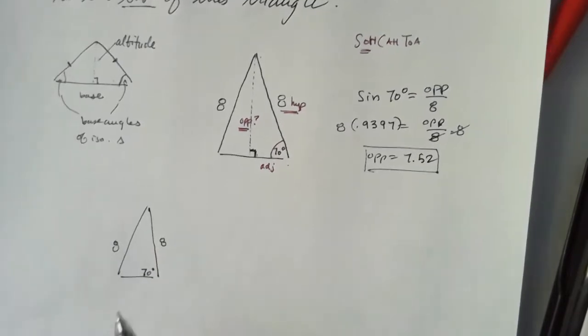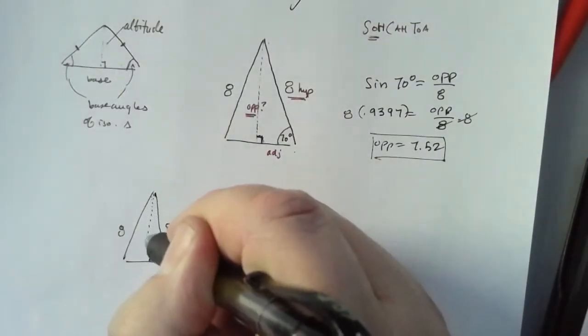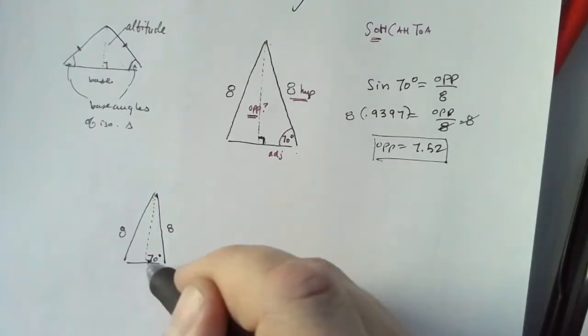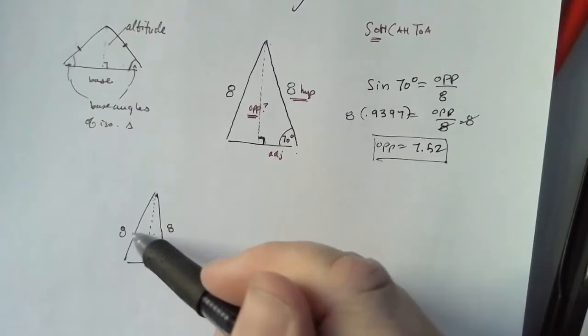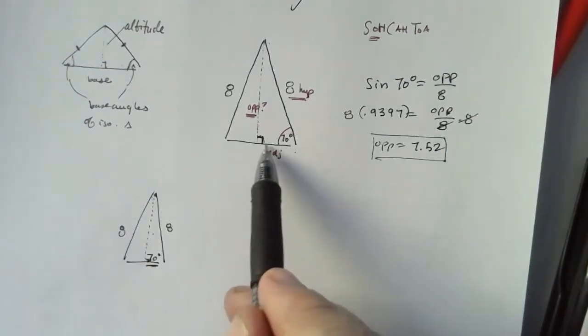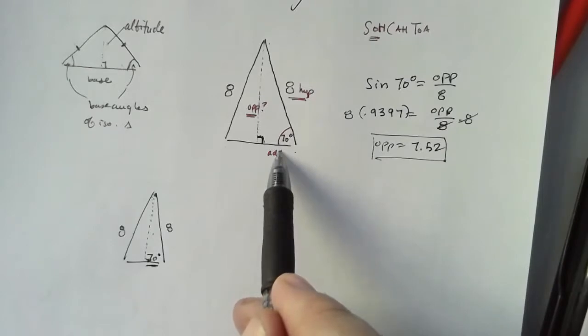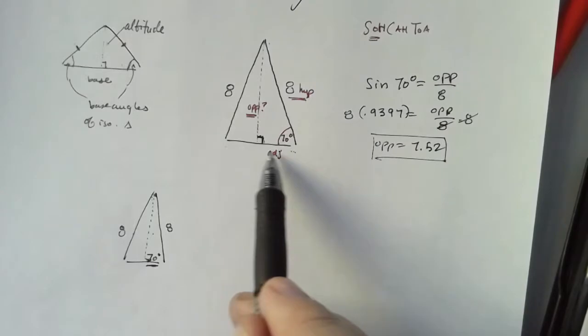There's no right triangle. You would have to recall, oh, if I put in a right angle here, I could figure out what this piece is here. And then because of the symmetry of isosceles triangles, however long this adjacent ends up being, which we could have gotten with cosine, I have to double that length, and that will tell me how long the base is.